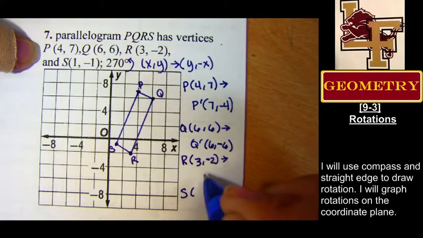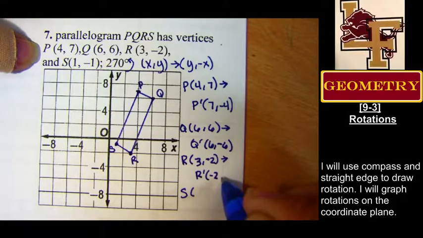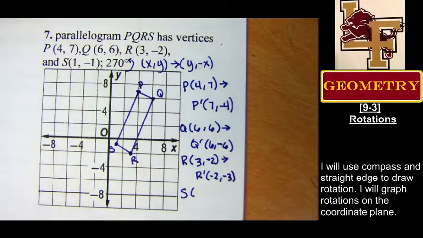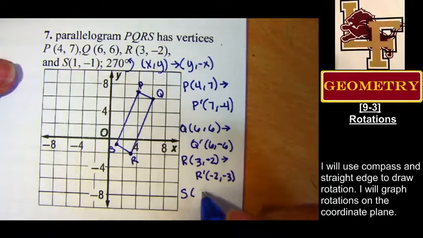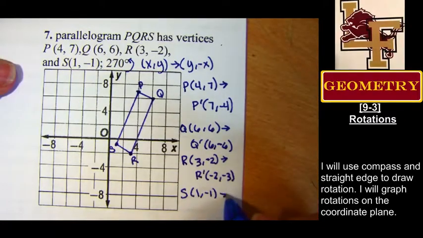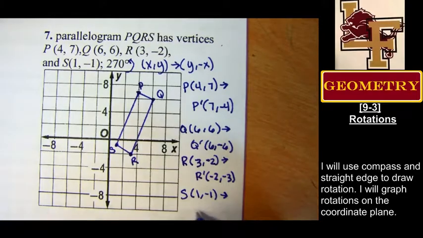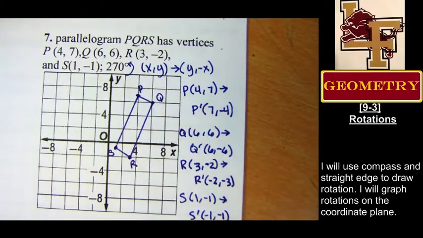What would be the coordinates for R? 3, negative 2, negative 3. What is the coordinates for S? S prime. Yeah, negative, negative.